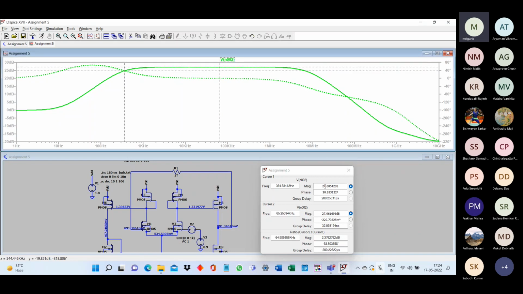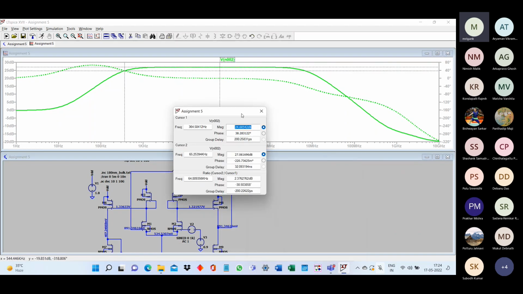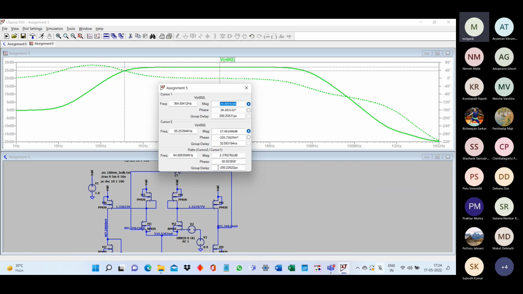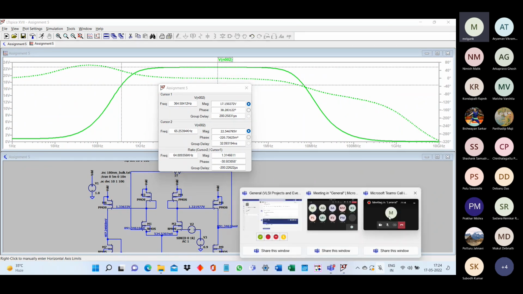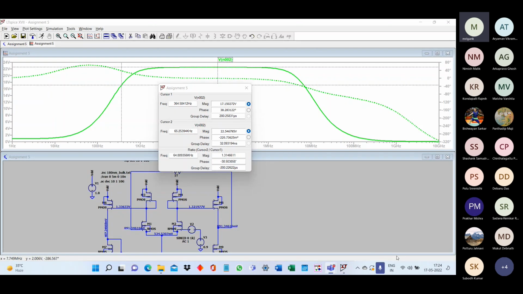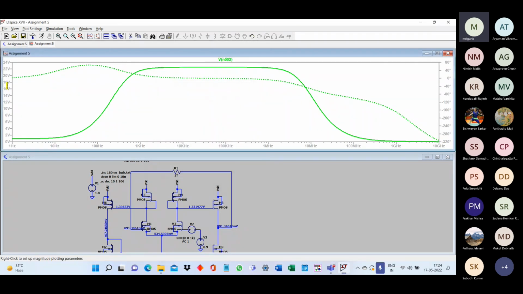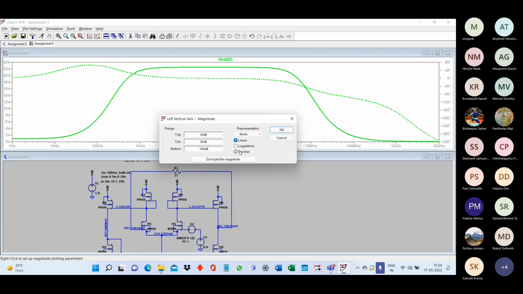Mid band gain is coming around, if you see, the input to output mid band gain is not very high. You are seeing only around 23 dB, which is not good. This is just around 10 to 15. So can you check the two stage gain, the first stage gain and the second stage gain separately?